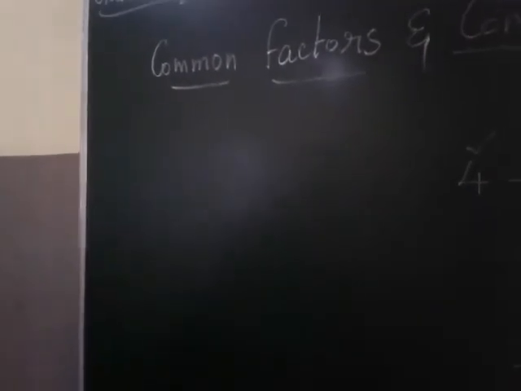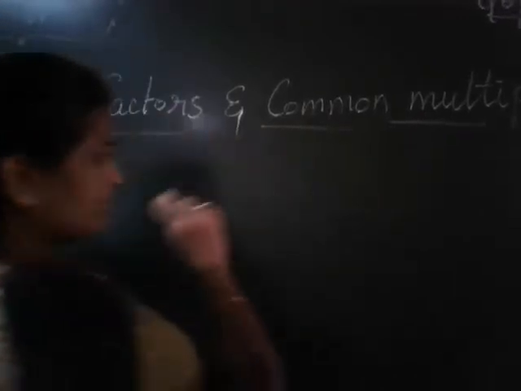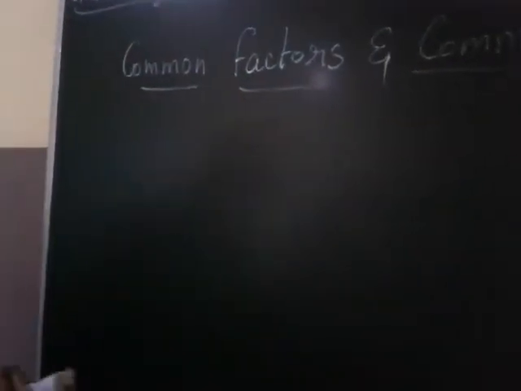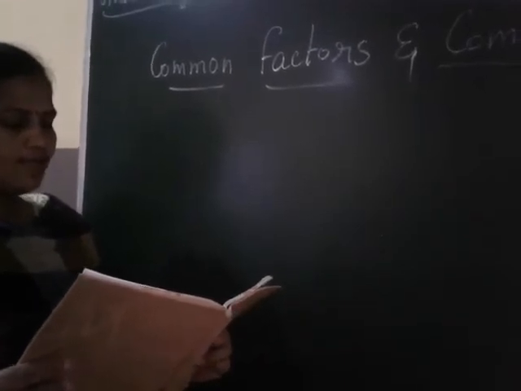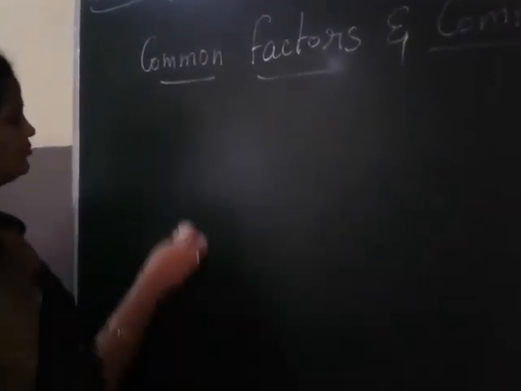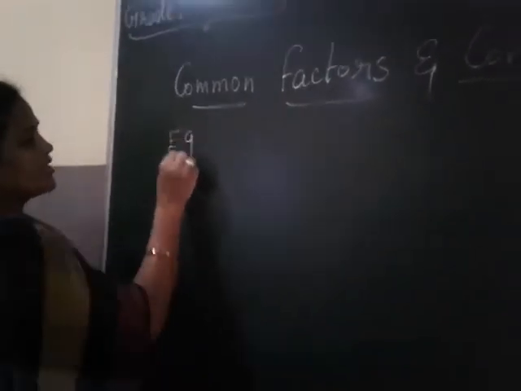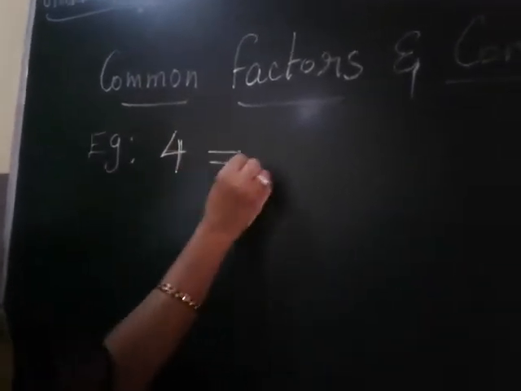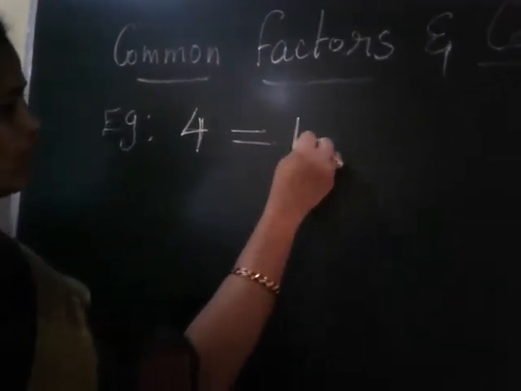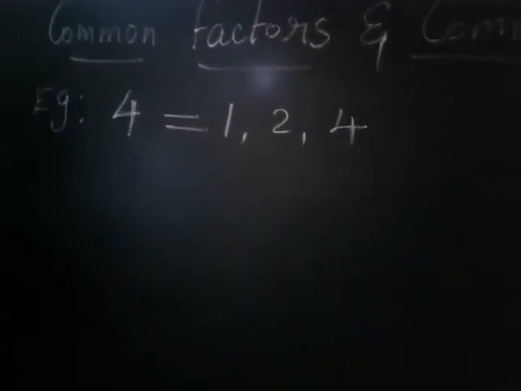Now we are going to write the common factors between two numbers. For example, the common factors between 4 and 18. What are the factors of 4? 1, 2, 4. These are all the factors of 4, correct?